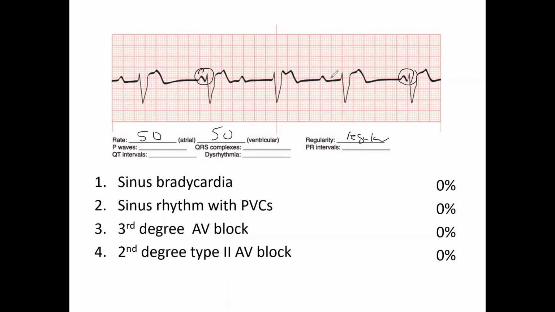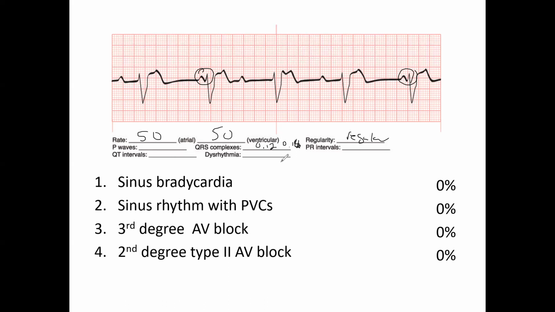If I were looking at this and my QRS complex, now they're a little wide, 1, 2, 3, maybe 3.5. So we'll call that roughly 0.12 seconds, maybe a little bit wider than that. It could be 0.14, so 0.12 to 0.16.